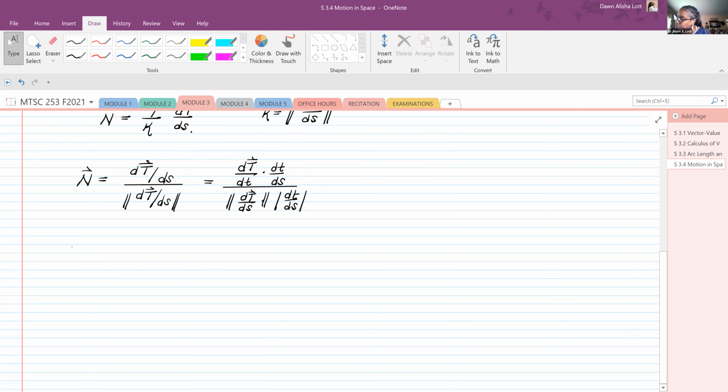So this just turns out to be dT/dt divided by the length of dT/dt. Okay, so these are the easier definitions.